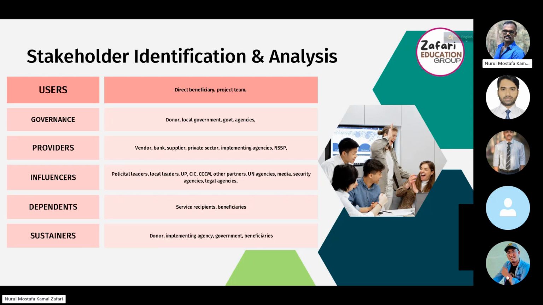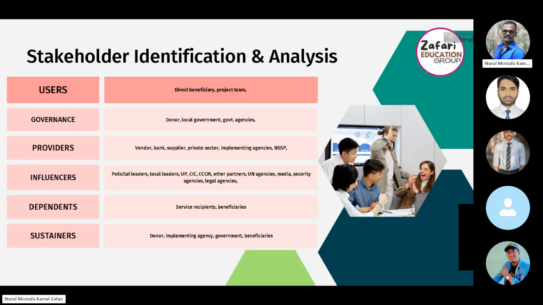We see the governance, meaning the donor, the government agencies, local government. We see providers like the vendor, bank, supplier, private sector, implementing agencies, and service providers who provide us different services to run the project smoothly.